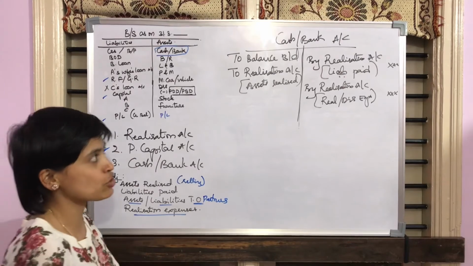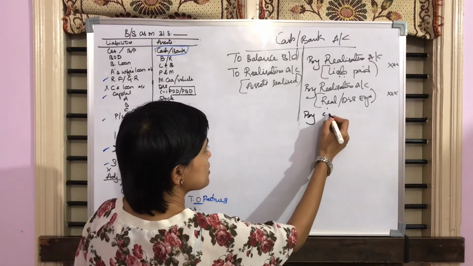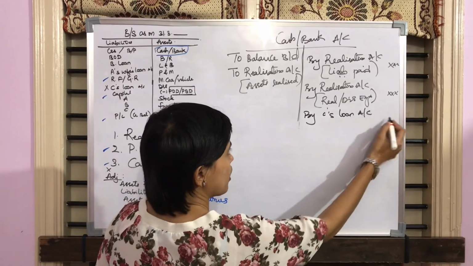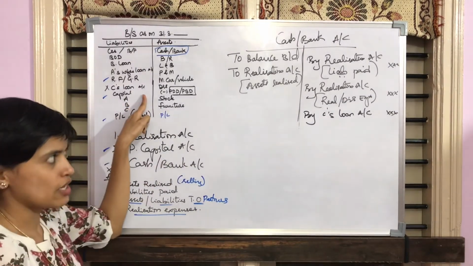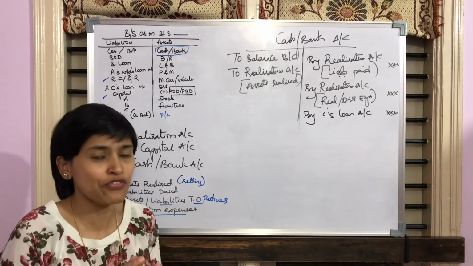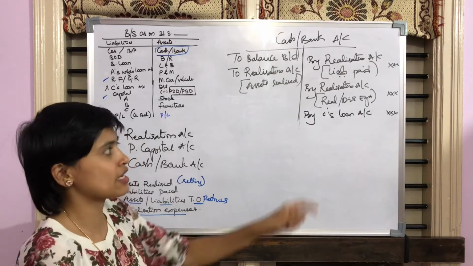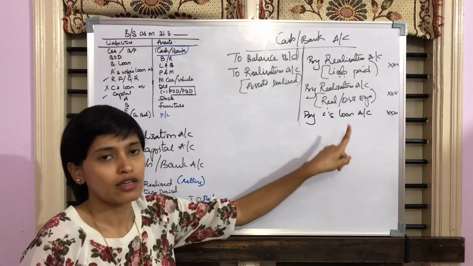So in your cash or bank account, you will write it as by C's loan account, whatever the amount that is reflecting in the balance sheet. It can be C, A, whoever, just follow the question, okay. If it is a partner's loan account, then it will be recorded in your cash or bank account on the credit side.